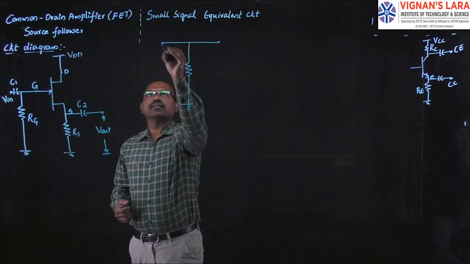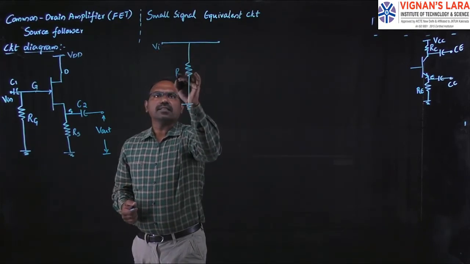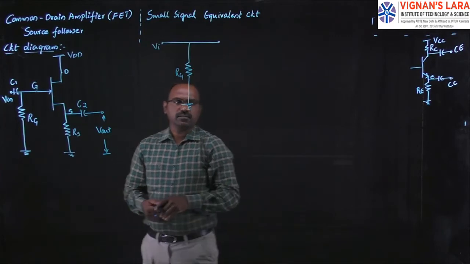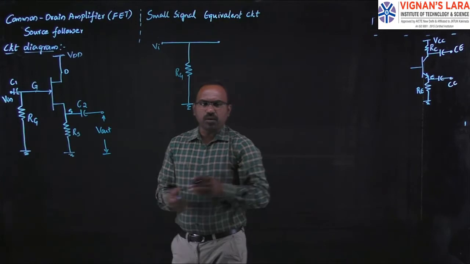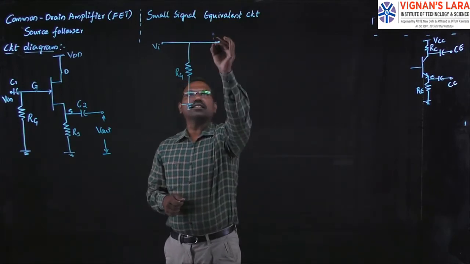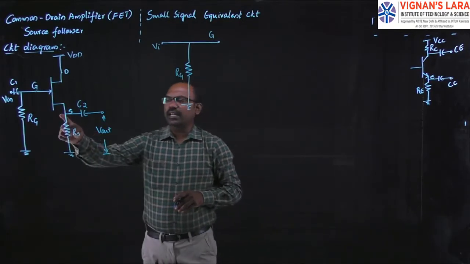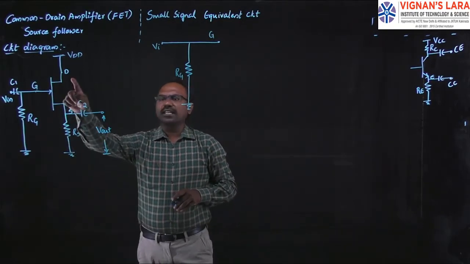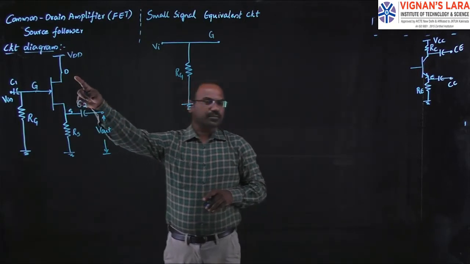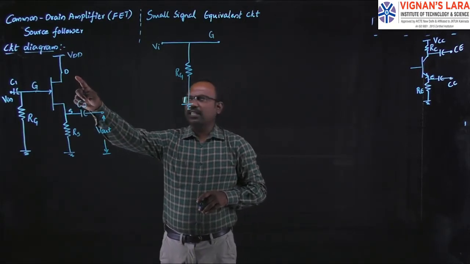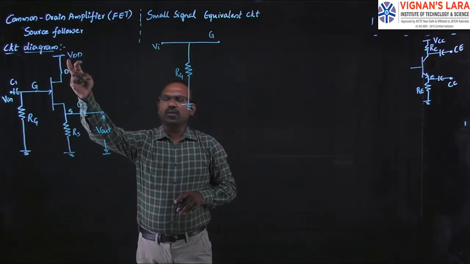So this is the input voltage Vi, this is RG. Right? Between gate and source, it is simply open circuited. Actually, this is the gate terminal. And as per the circuit diagram, the drain terminal should be grounded. Actually, while we are doing the small signal equivalent analysis, we will remove this VDD.